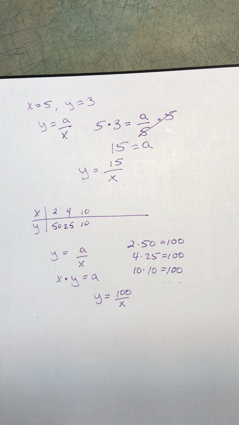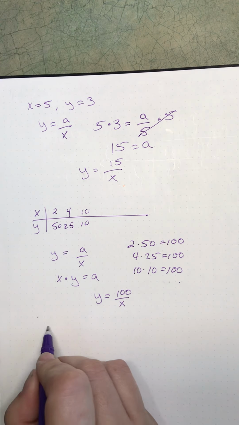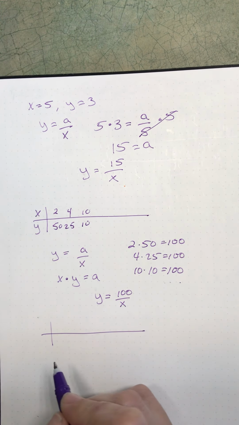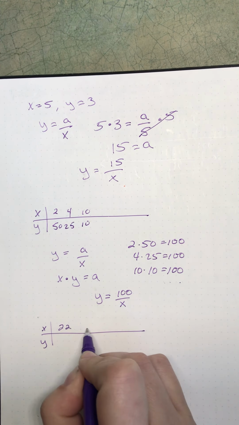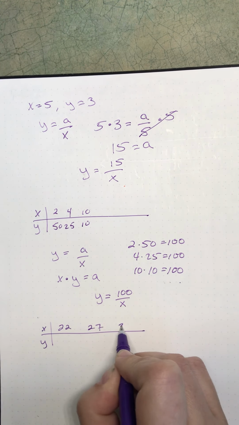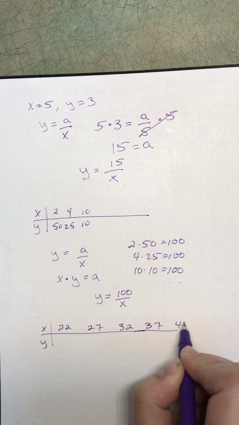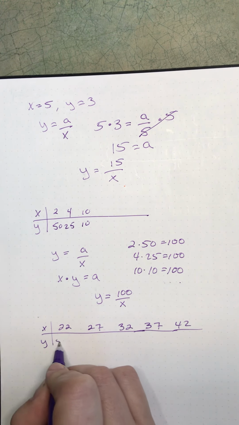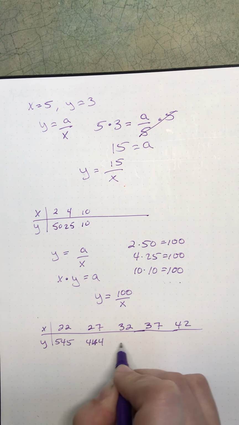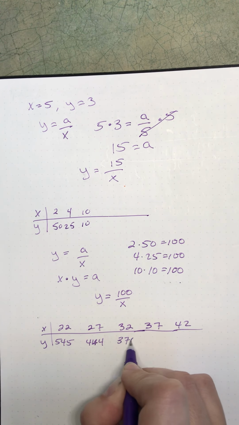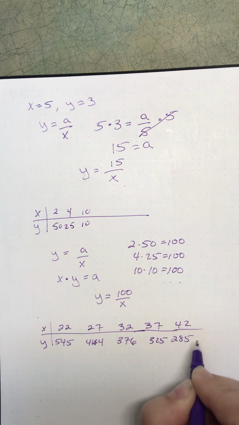Now sometimes with real world data, it's not going to be quite so clean. So in the study guide, there's an example like this. And then it goes 545, 444, 376, 325, and 285.